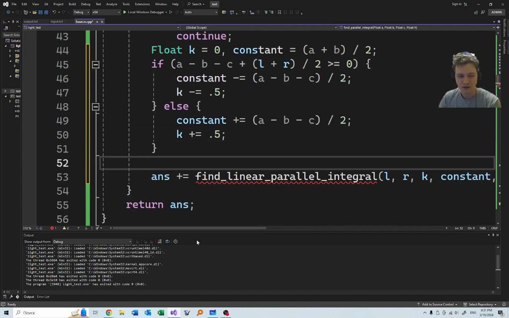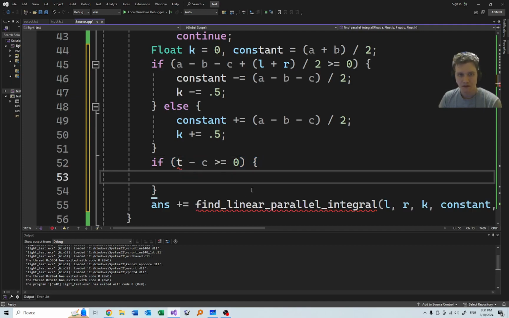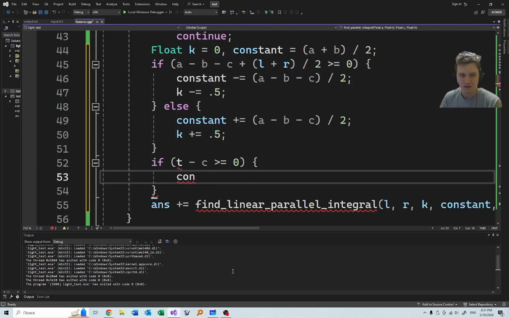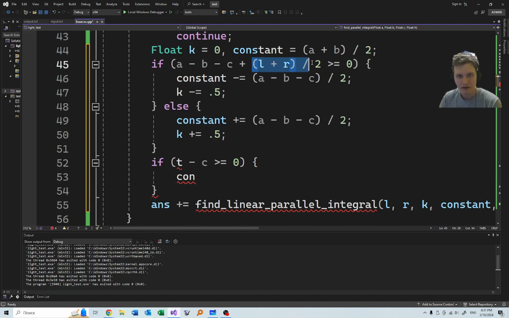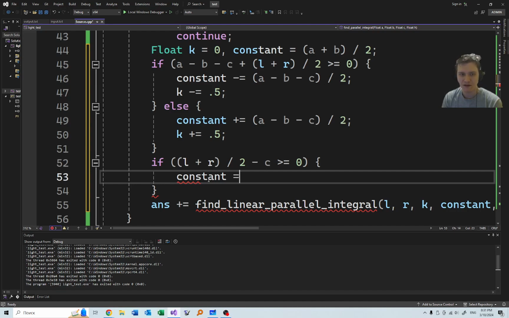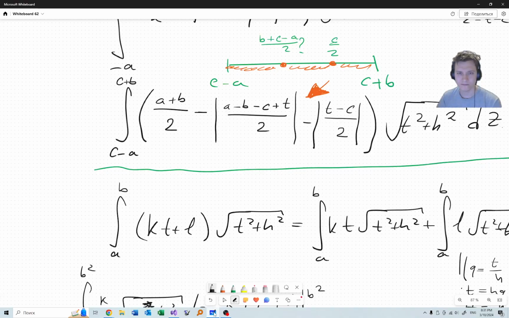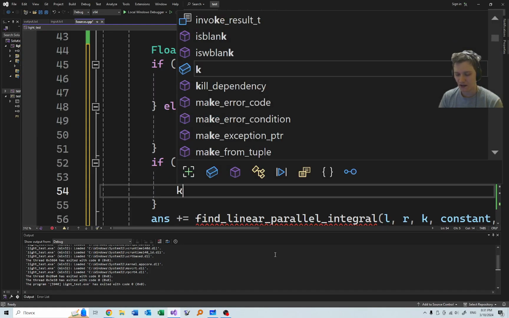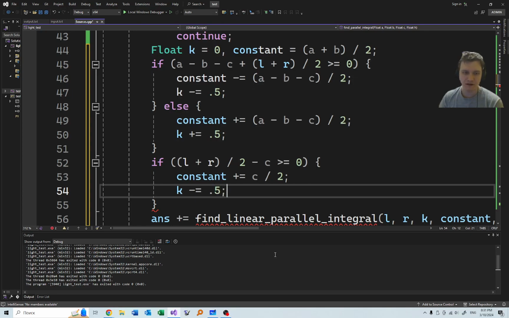Okay, and also if t minus c is at least 0, then also constant, not t but L plus R over 2, constant plus equals c over 2 and k minus equals to 5.